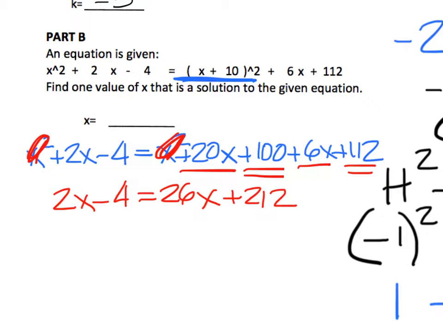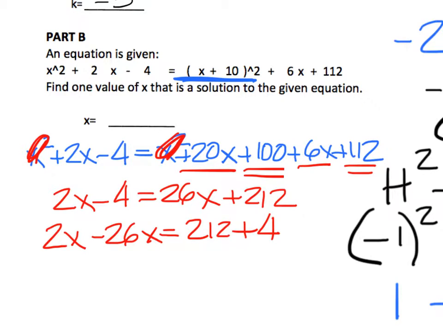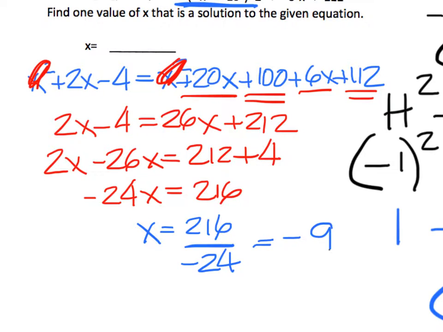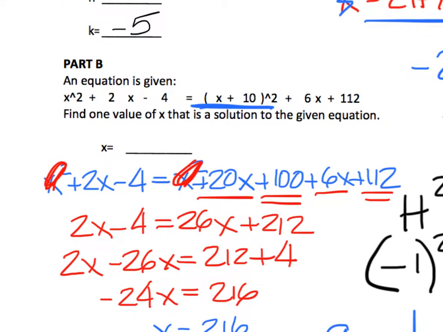So we are now having to put 2x minus 26x on the left and 212 plus 4 on the right to get a negative 24x equals 216. Therefore, 216 divided by negative 24 is what we have to do next. I am not smart enough to do that in my head, so I will do 216 divided by negative 24 in my calculator and get an answer of negative 9.